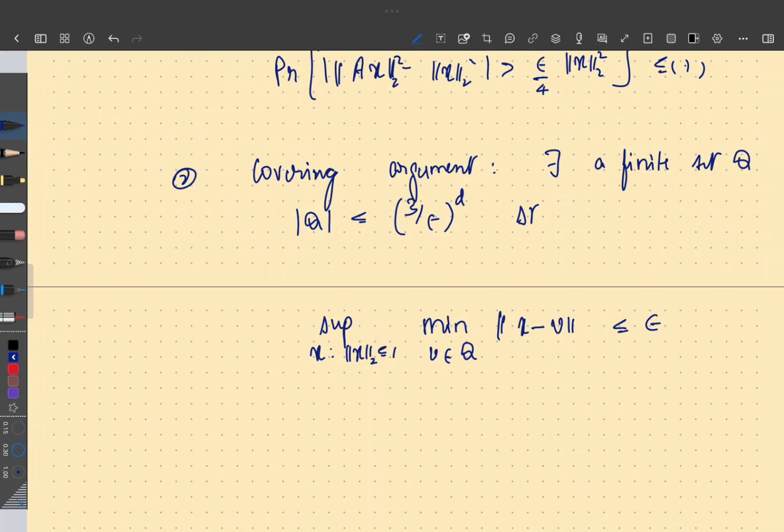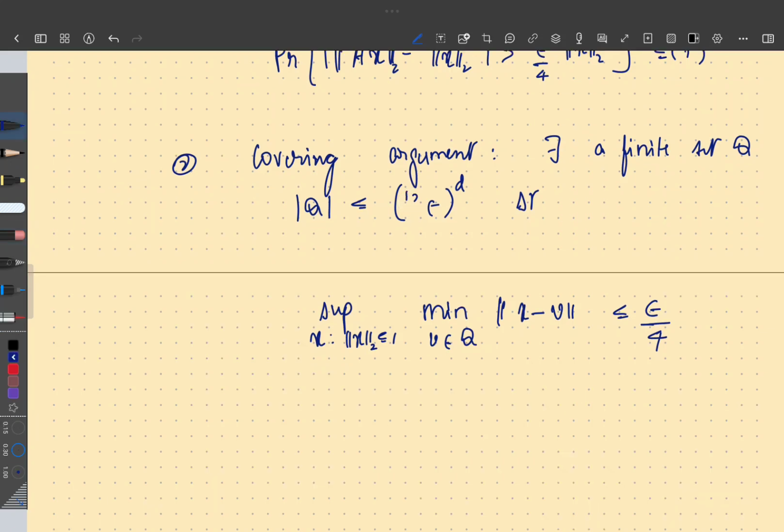In this case, let's just take epsilon by 4 so that this is some 12 by epsilon to the d.